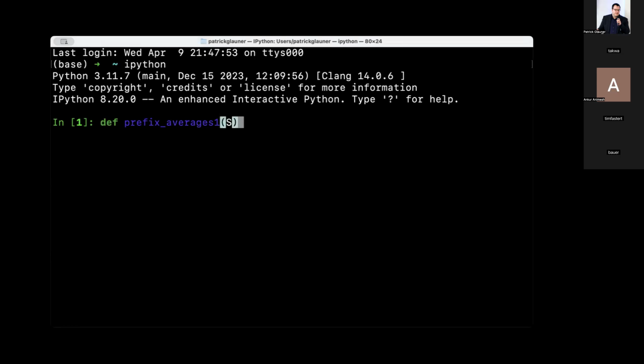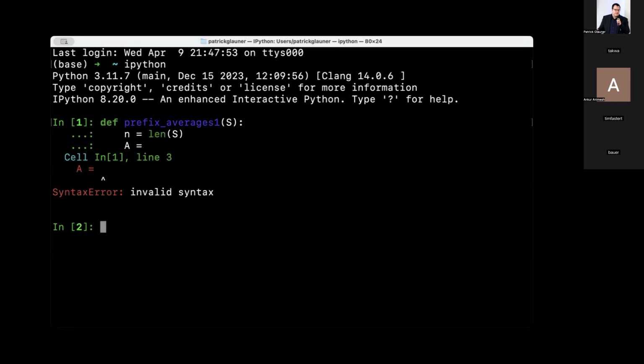And we have an input S as our sequence, and I need to know what's the length of the sequence. And in Python, we've seen this before. We assume S is just a list. We look at the length of the list. And I want to have an output, A, that I want to return.